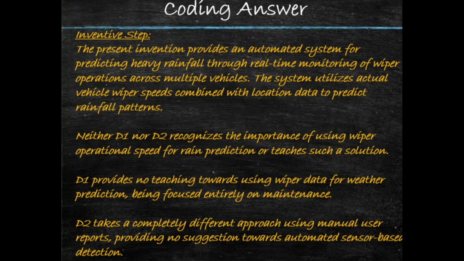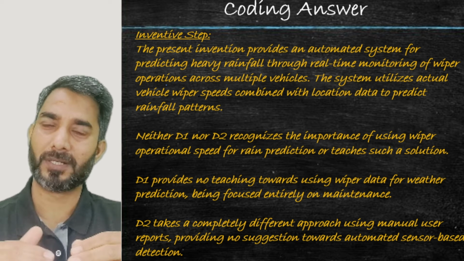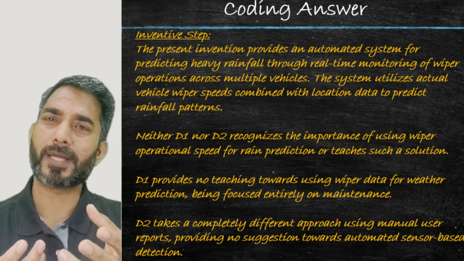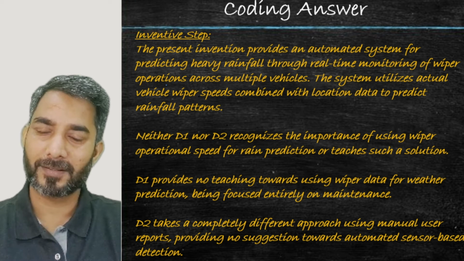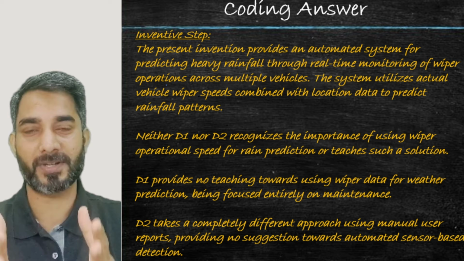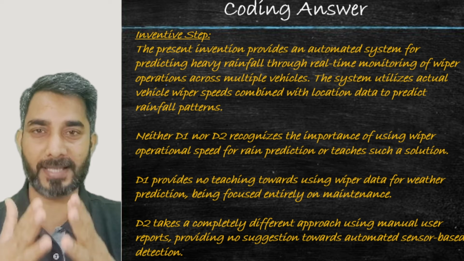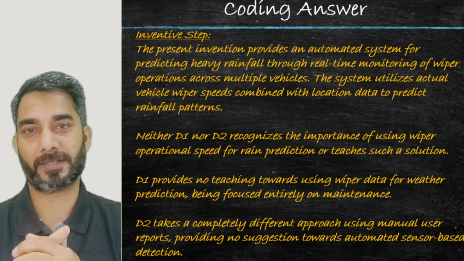So when somebody were to look at D1 and D2 in isolation or in combination, they cannot think that, oh, I can collect wiper data to predict rains. So hence, our invention has inventive step. It provides technical advancements over existing art, right?